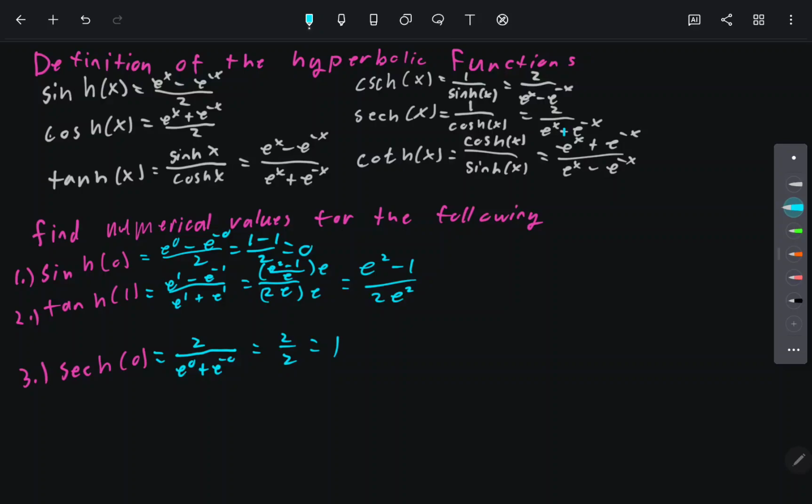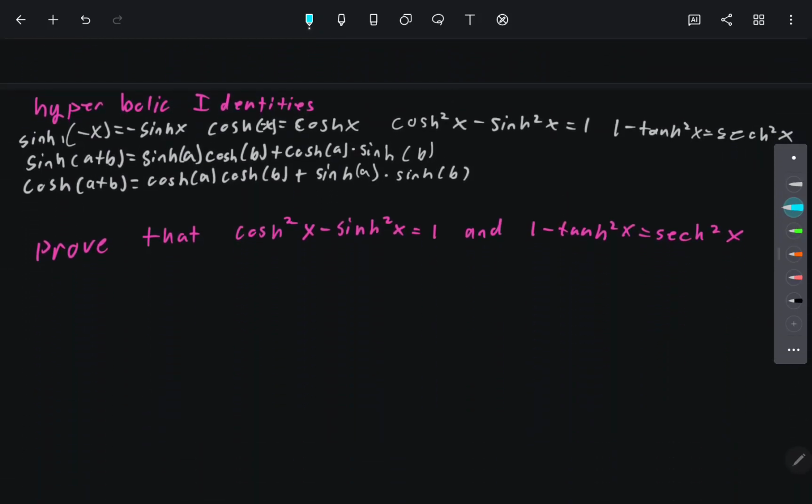All right. Now time for some identities. For this first one, we know that the hyperbolic sine of negative x is equal to the negative hyperbolic sine of x. Anyway, I'm still getting used to saying hyperbolic.